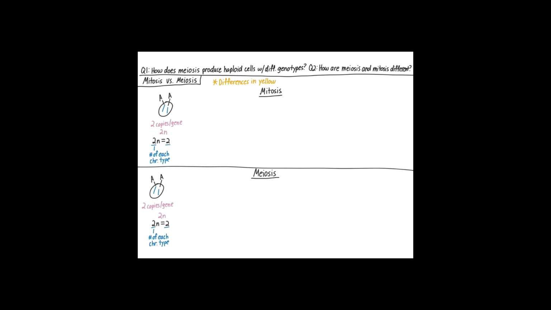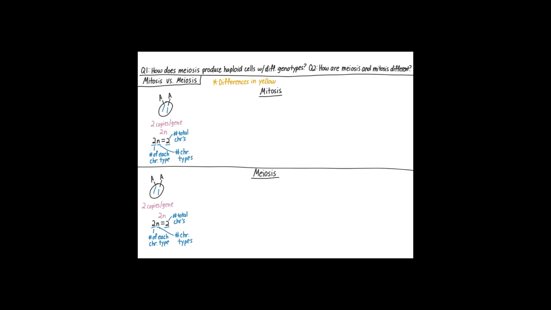And this 2 means it has two total chromosomes. N is 1, because this cell has only one type of chromosome. The two chromosomes present in this cell are homologous chromosomes, and have the same genes.